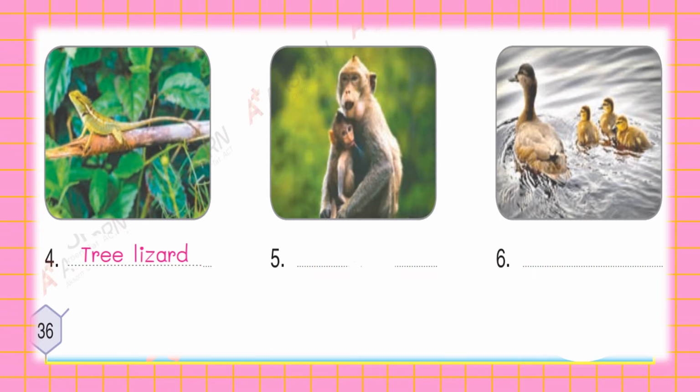It is a tree lizard. Number 5. What animal is this? Very good. It is a monkey. And last, number 6 is a duck. Okay, very good, everyone.